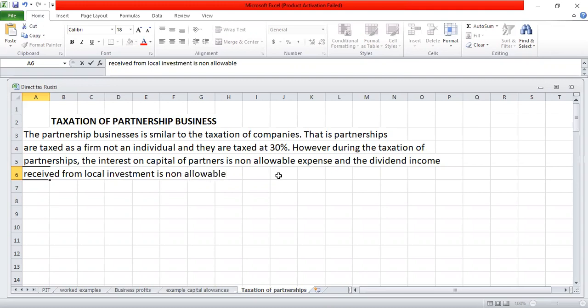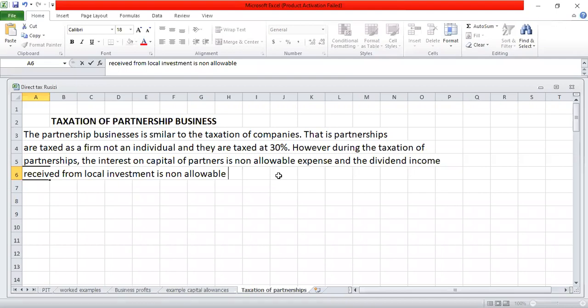So we are saying when you are taxing a partnership, you do the same computation as in any other business profit. However, what you need to note is that the interest on capital of partners is a non-allowable expense. It's not considered in the computation.